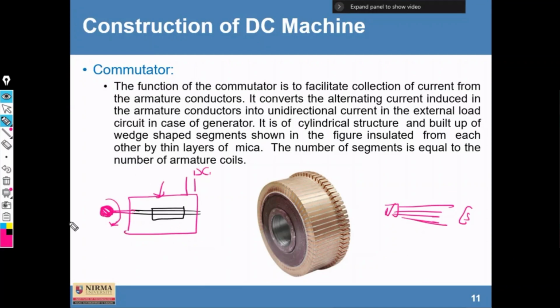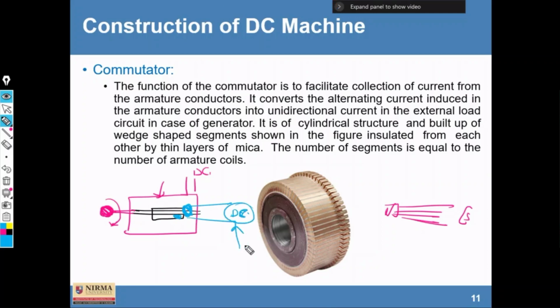This rotor induced EMF is AC in nature and is converted through this commutator connected to this rotor, and DC is taken as output. Clear? So this is a DC generator.